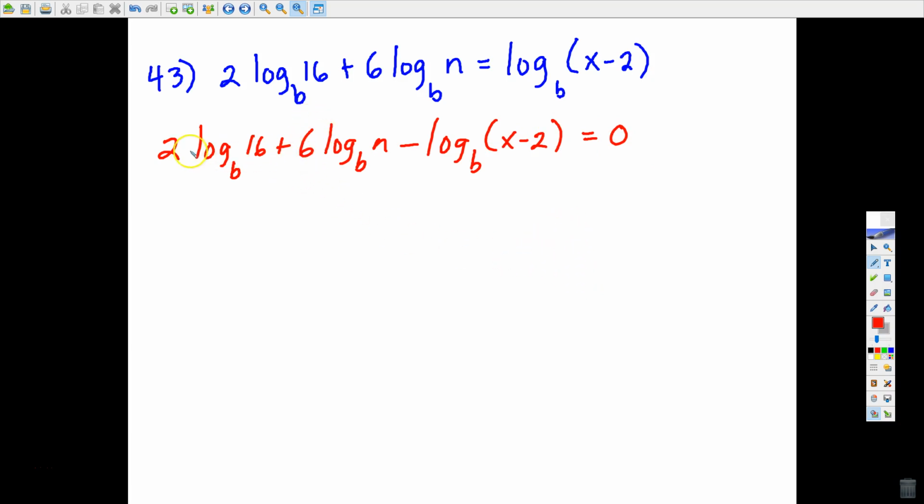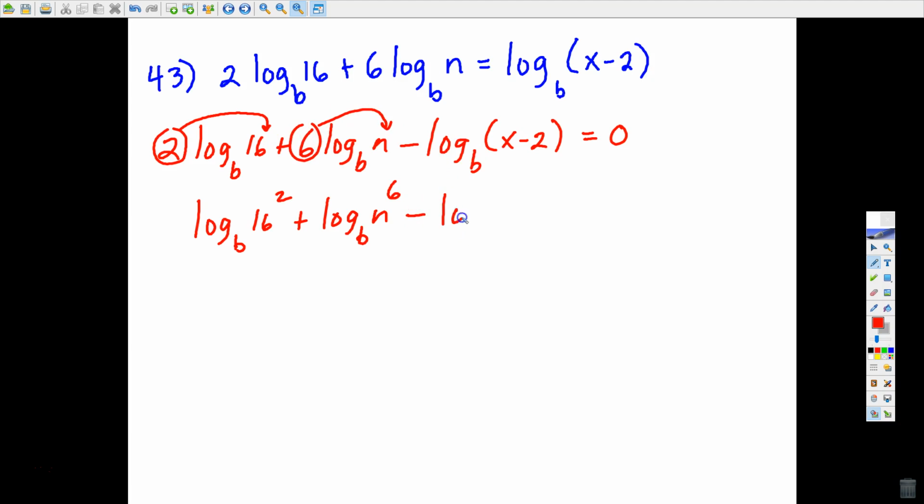Okay, before these can be joined together into one log, I need to move these numbers. So power property: log base b of 16 squared, just 2 becomes the exponent for 16. Also the power property: log base b of n to the sixth. Okay, move that 6. No need to use the power property here. And now I'm ready to put logs together.